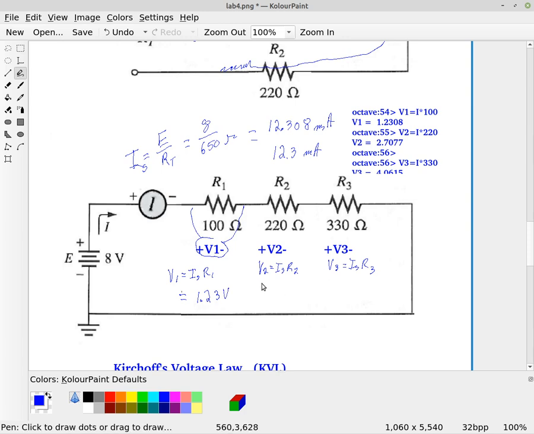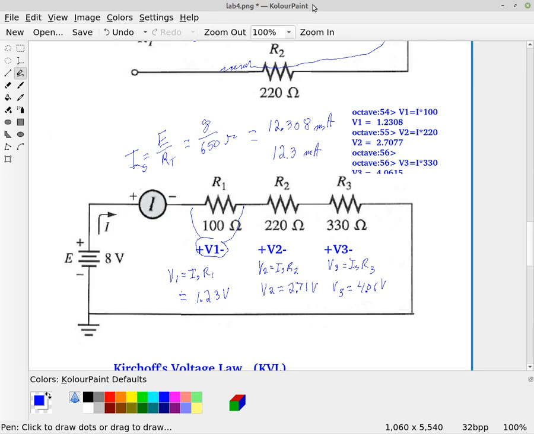And V2 is going to be 2.71 volts. And V3 is going to be 4.06 volts.